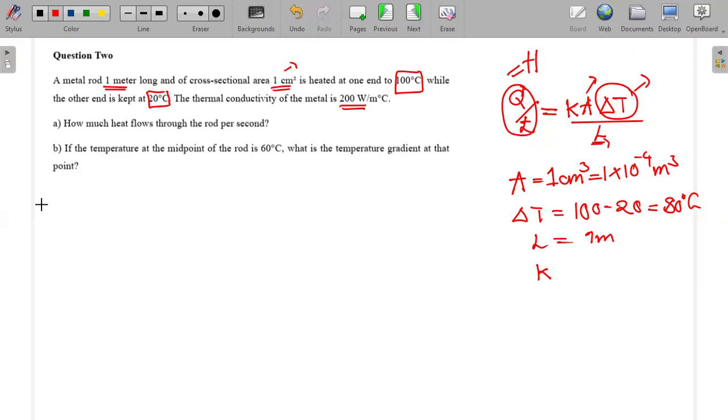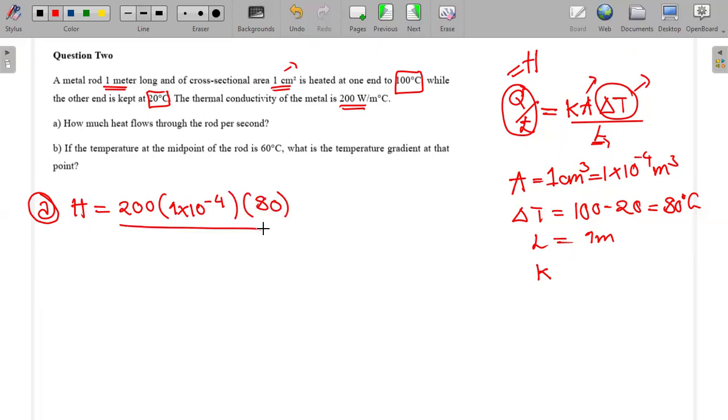So I'm going to say for my part A, H, which is also the rate of heat flow, will be equal to K, which is 200, multiplied by cross-sectional area, which is 1 times 10 to the power minus 4, multiplied by temperature difference, which is 80, everything divided by the length, which is 1 meter.